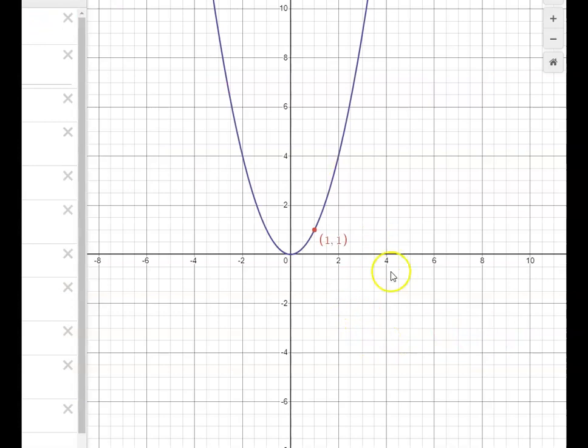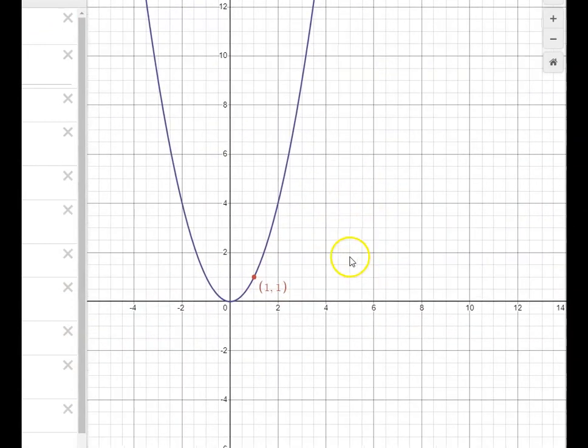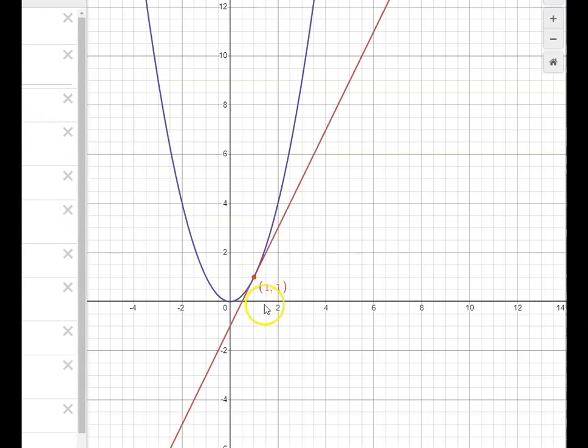All right, so I'm looking at the function f of x equals x squared, just your basic parabola in the first quadrant. (1, 1) was the point that I was interested in. And by the way, here is the tangent line you can see in red. That's what I'm interested in, estimating the slope of that line. So I'm going to choose another point on the graph, the point (3, 9).